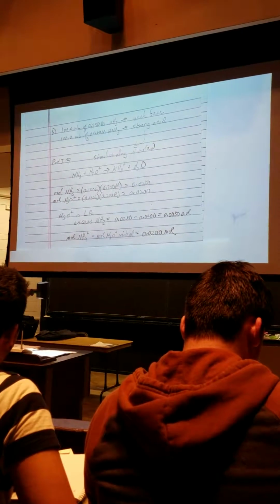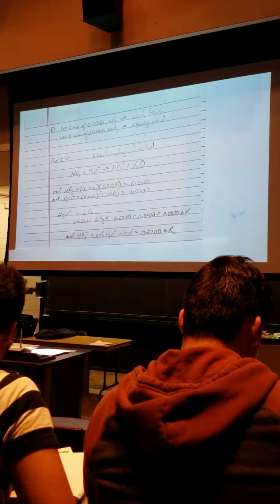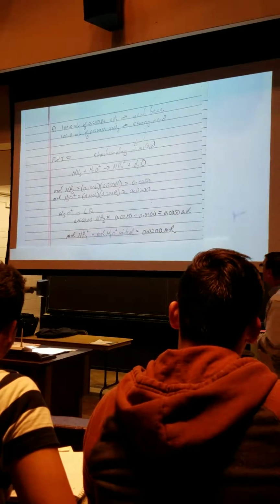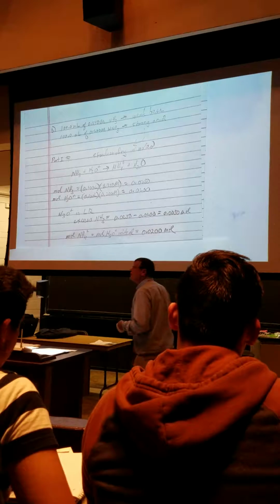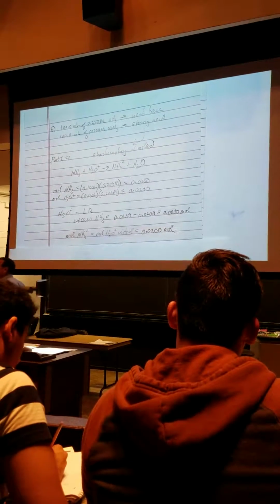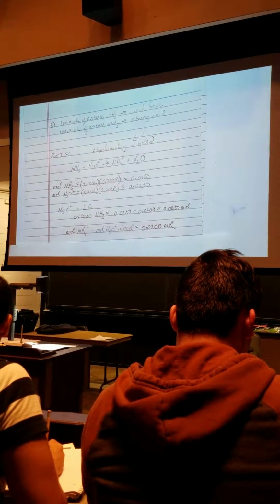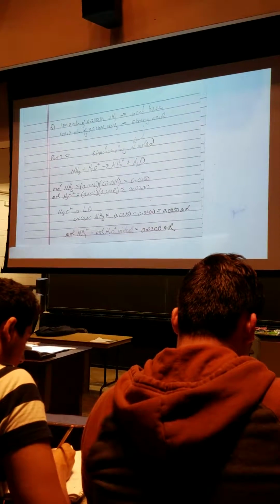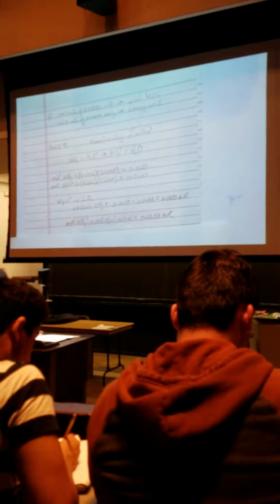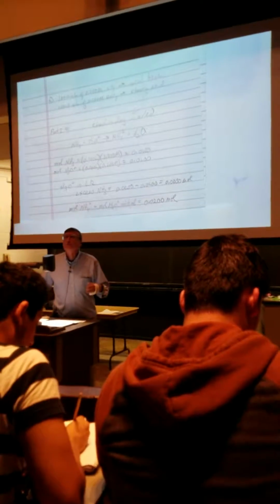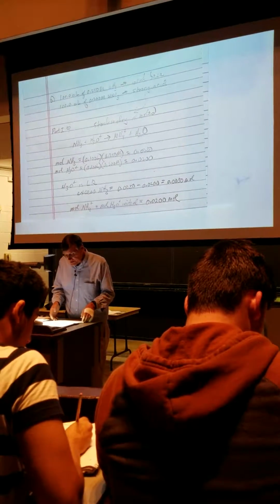You have 0.02 moles of ammonium ion, and you have 0.005 moles of ammonia. So you have your weak acid, the ammonium ion, and the conjugate base, ammonia, and hence that's a buffer solution. Since you have both of them, you could use the Henderson-Hasselbalch equation.